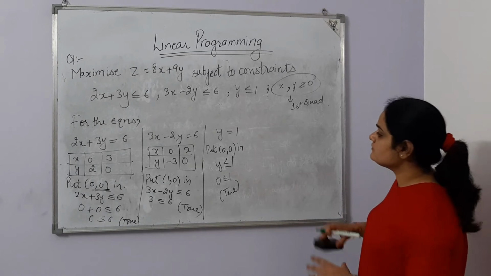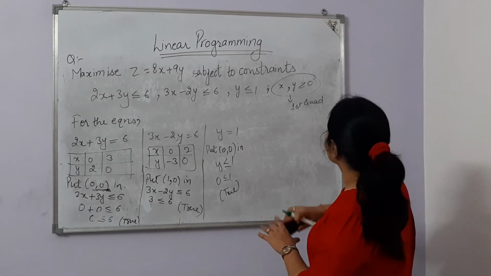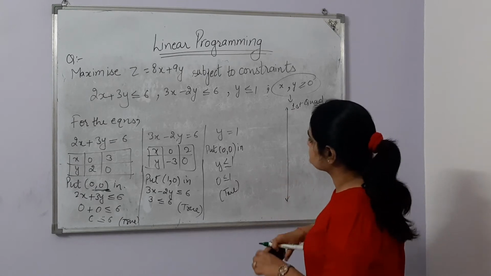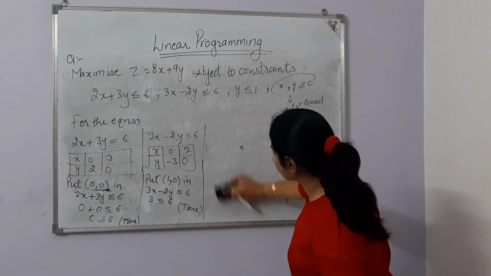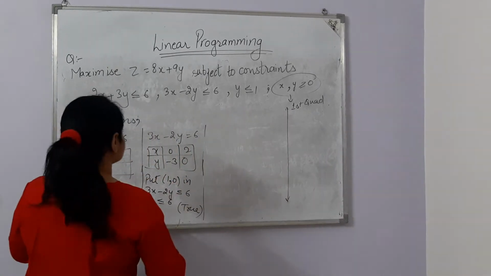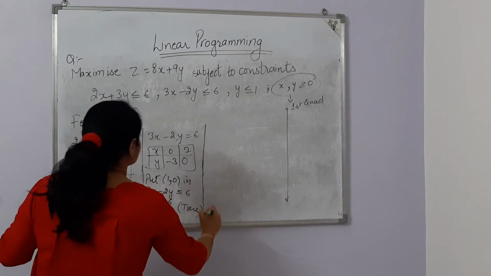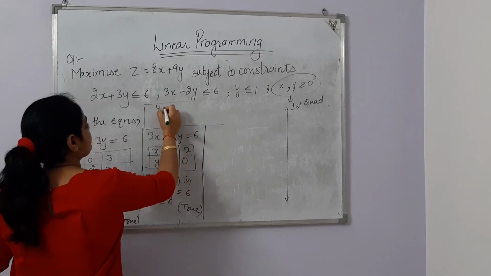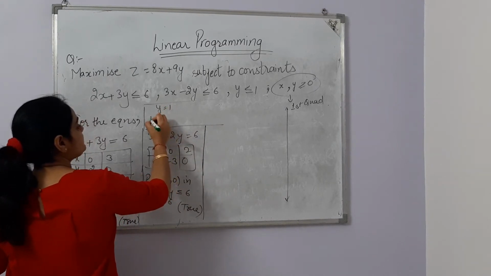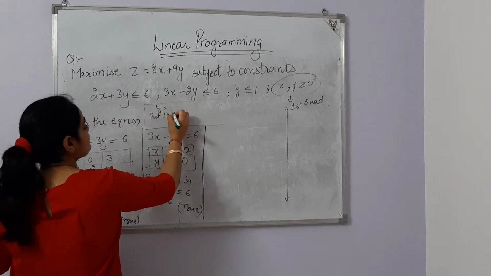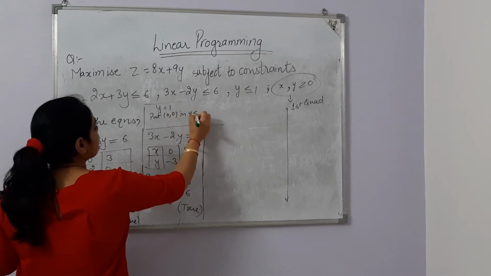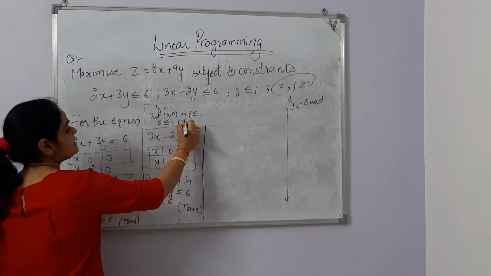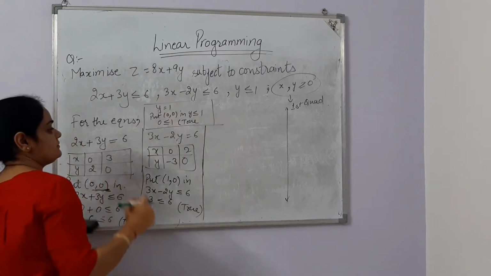Now we'll draw the graph. I'm writing the third equation here: y is equal to 1. Put 0, 0 in y less than or equal to 1, and 0 less than or equal to 1 is a true condition.